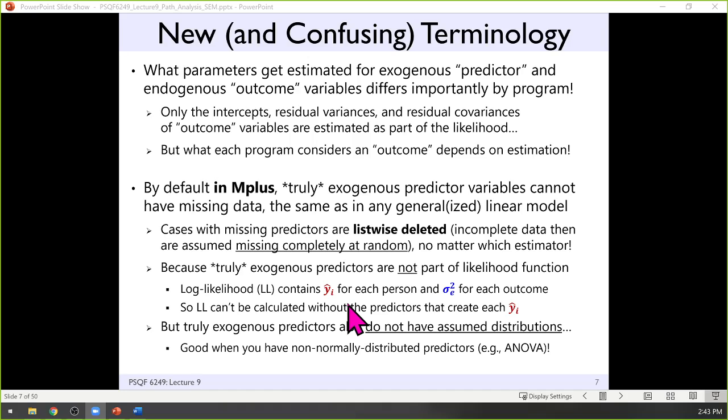So could you do ANOVA if I told you that all variables had to be multivariate normal? Well, no, because the predictor's not normal, so does that mean game over? Well, no. You have a predictor. It could be whatever it needs to be, just like normal, even if it's not normal, and you just can't have missing data on it.